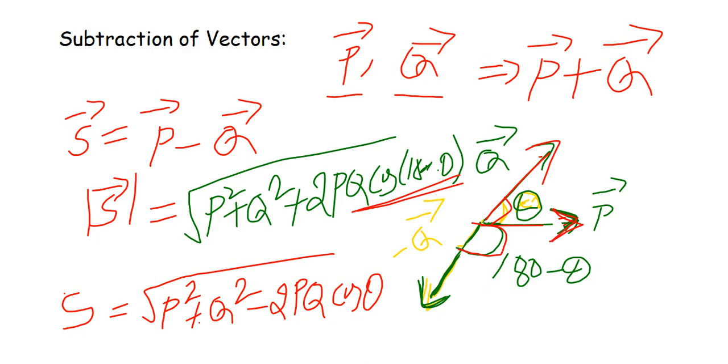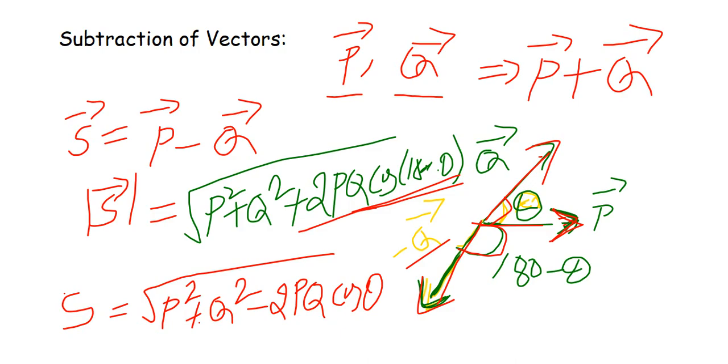So the magnitude is root over P square plus Q square minus 2PQ cos theta. The only difference between addition and subtraction of vectors is that in addition we write plus 2PQ cos theta, and in subtraction we write minus 2PQ cos theta.